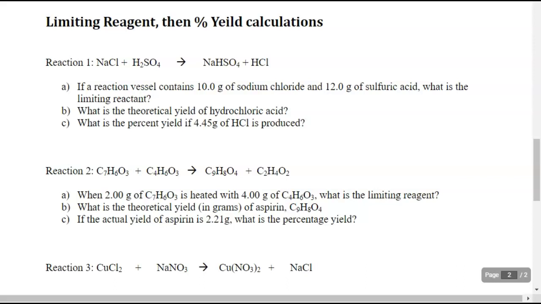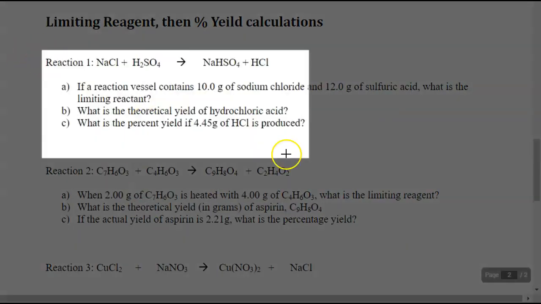All right, so try those ones on the first page, and then with the second page, these are basically the same problems. It's just there's an additional step with the limiting reagents there. So we have here in part A, they're first going to ask us to find a limiting reactant. So let me pull this one over.